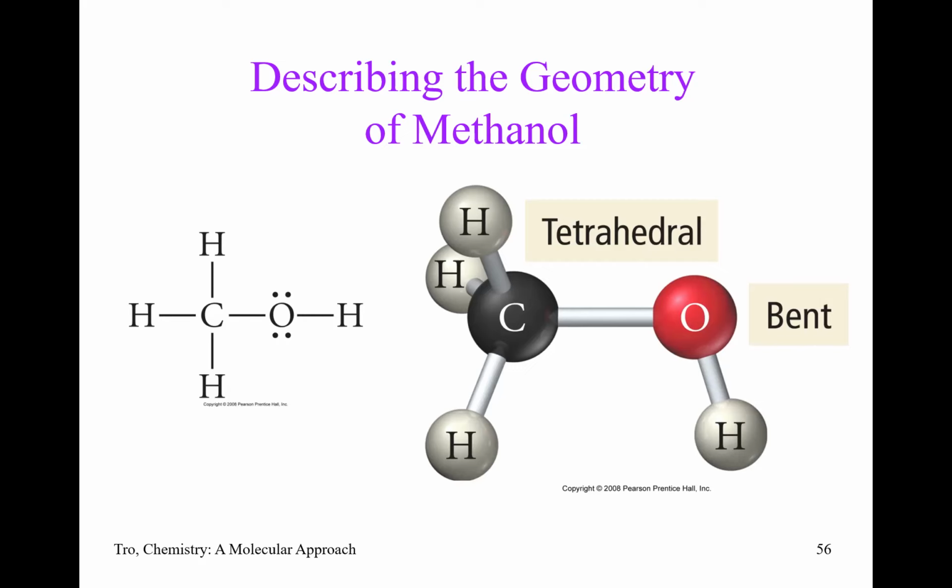This one is methanol. This is not the alcohol that humans drink. Moonshiners that make alcohol illegally occasionally go blind, and the reason for that is they're making the wrong alcohol.